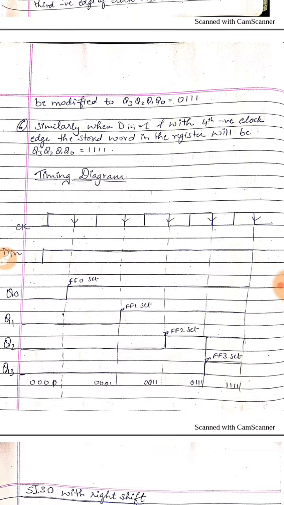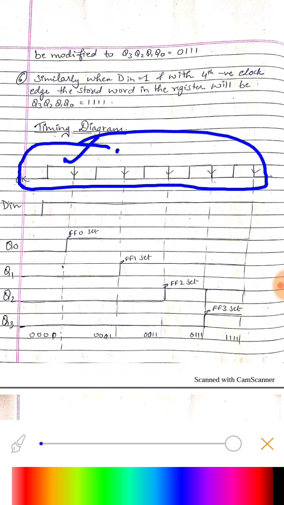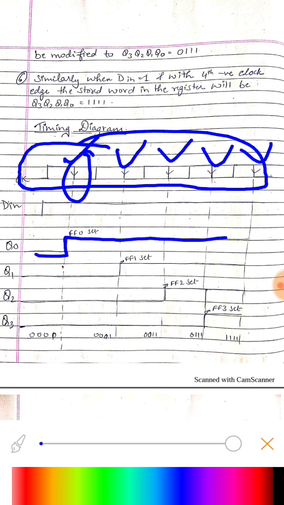This is the timing diagram. As you can see, this is the clock, and data will be entered at the negative edges only. As the first negative edge comes, the data in Q0 will become high, that is 1.